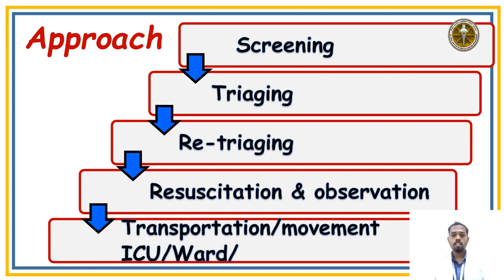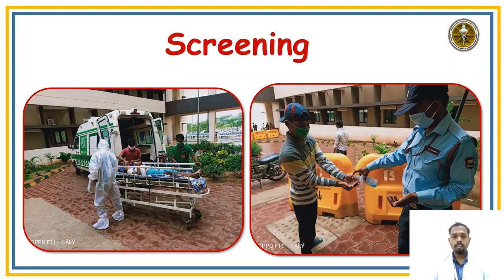This is the core part of the approach. Once that is over, they can move on to transportation or movement either to the ICU or to the ward. Let's start with the scenario of screening.